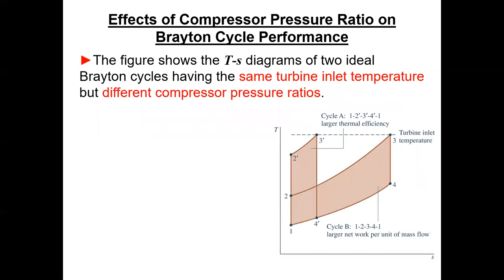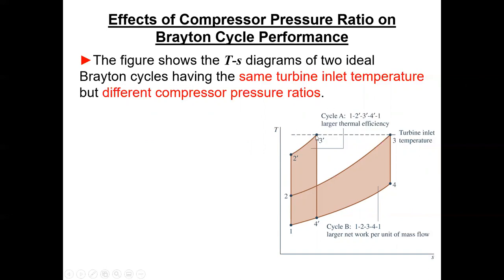Okay, so this is what he's getting to. So on this first cycle, 1, 2 prime, 3 prime, 4, that's a high pressure ratio, and you see now we're capping the high temperature the same between the two cycles. So you see the dashed line across the top.